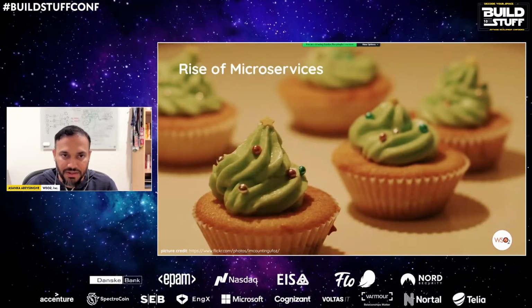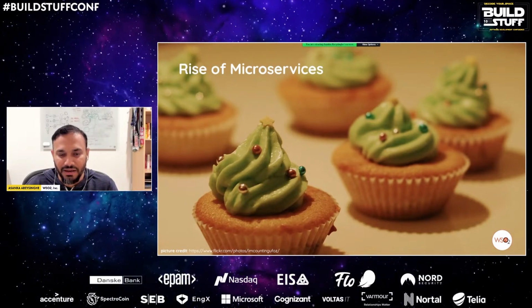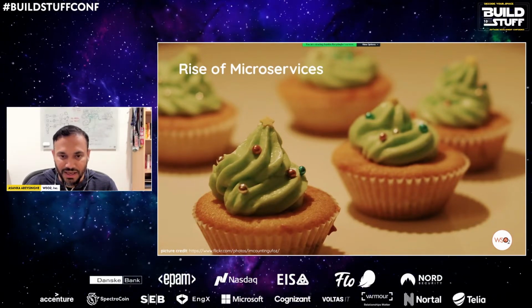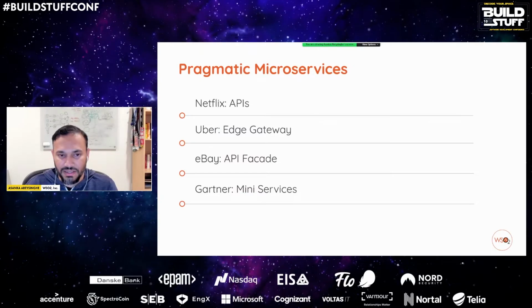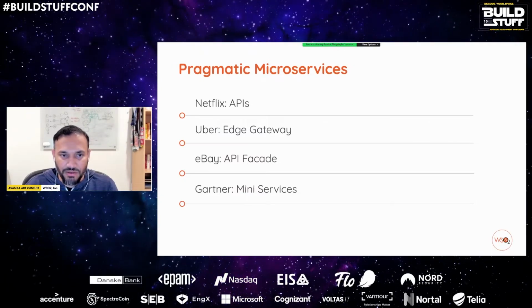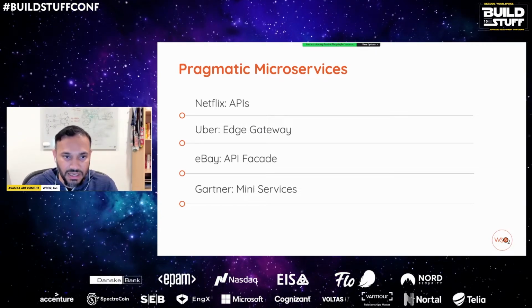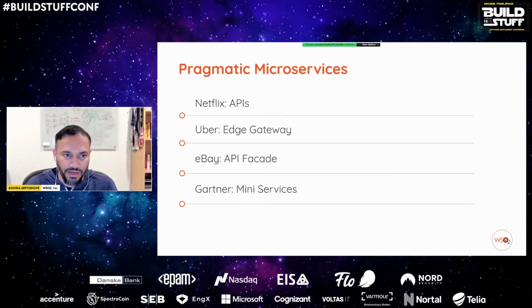At the same time, microservices came into the picture, and there was a lot of theory behind microservices during that time, but few organizations started using microservices in reality. But one common thing we identified: all these organizations put a layer on top of core microservices.